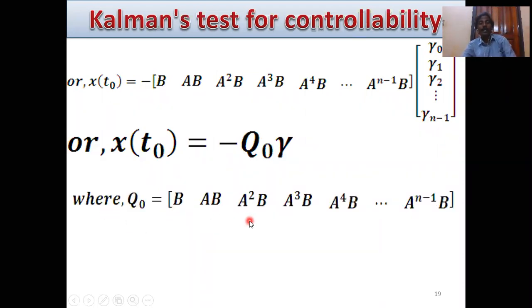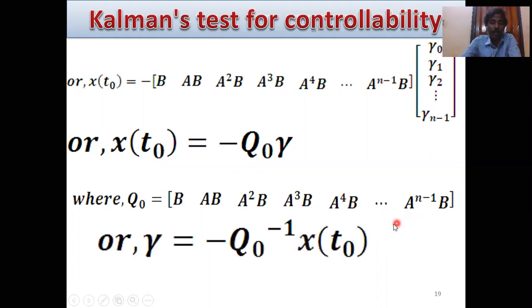So q0 equals b, ab, a square b, a cube b, a to the power 4 b, and so on up to a to the power n minus 1 b. And gamma equals what? Gamma equals minus q0 to the power minus 1 x of 0, and this is the inverse matrix.